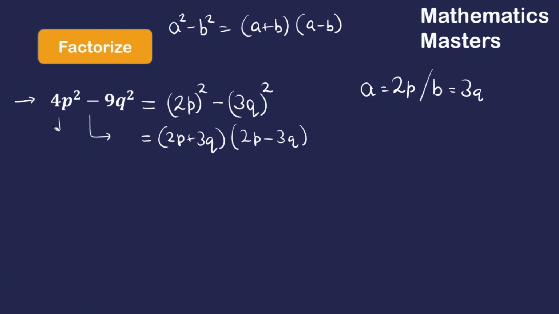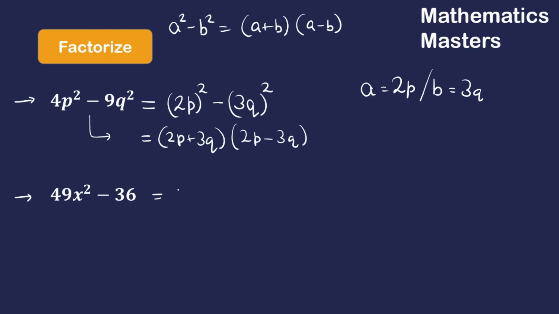Let us move further and try to understand through one more example. 49x square minus 36. Again, can we take anything common? No, nothing can be taken common from any of the terms. So let's see if we can apply the identity.